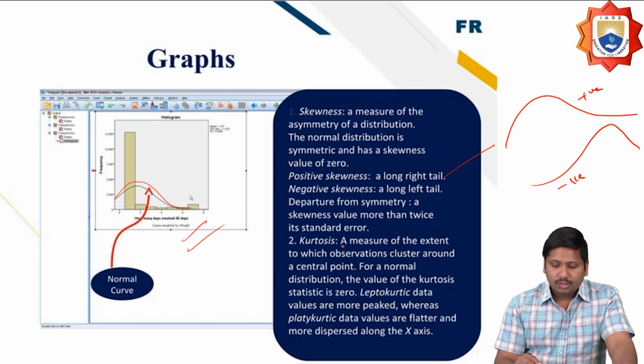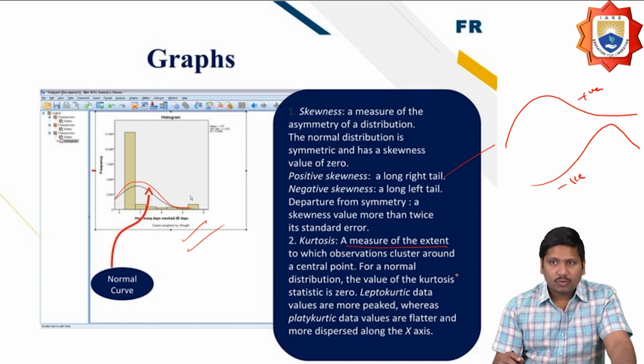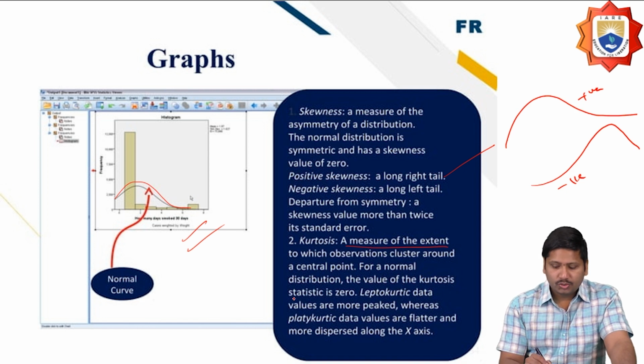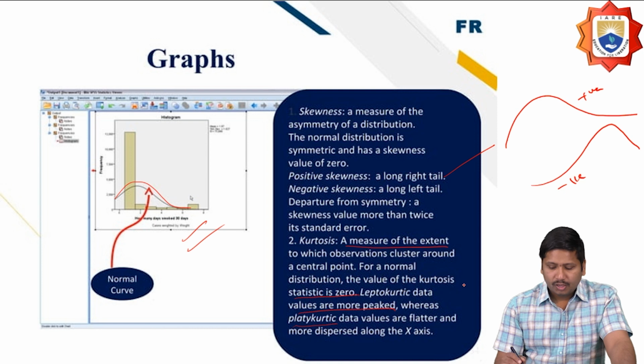So kurtosis is the next thing. It is a measure of the extent to which the observations cluster around the central point. For the normal distribution, the value of the kurtosis statistic should be 0, and for leptokurtic data, the values are going to peak, whereas platykurtic data should be flatter.